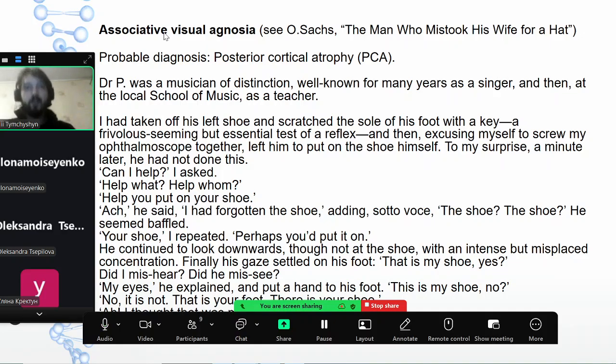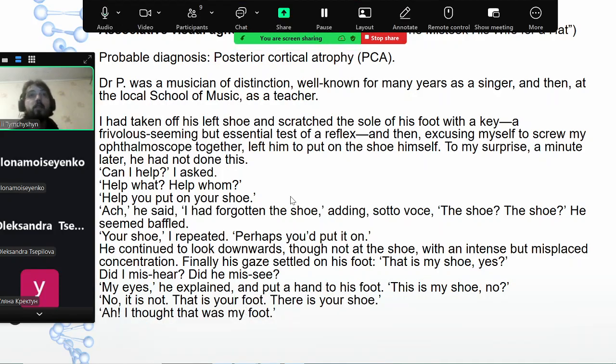Since we are finishing this lecture, at the end, I just want to give some sort of feeling of how that looks if you have a patient with damage to certain areas in the brain. In this case, associative visual agnosia. There is some probable diagnosis, posterior cortical atrophy, but anyway, what's the case?